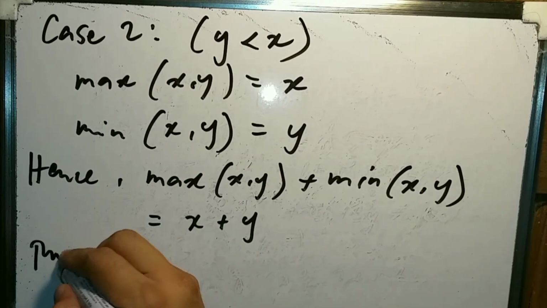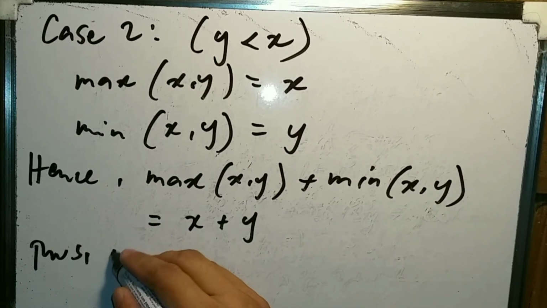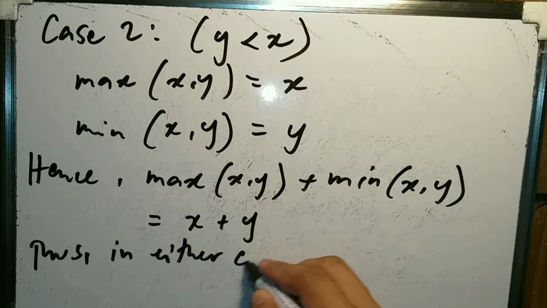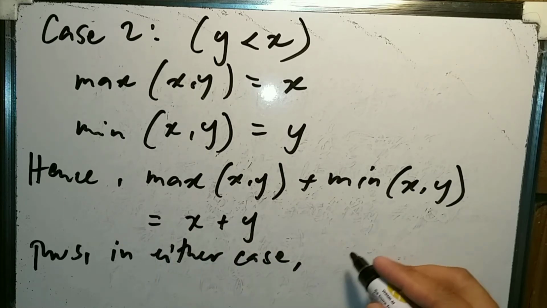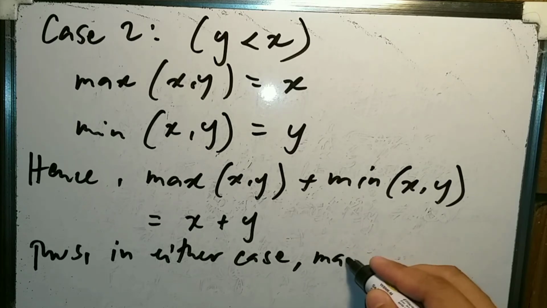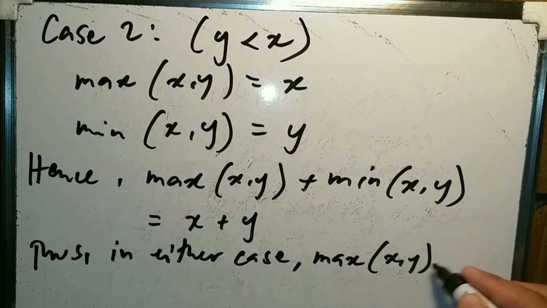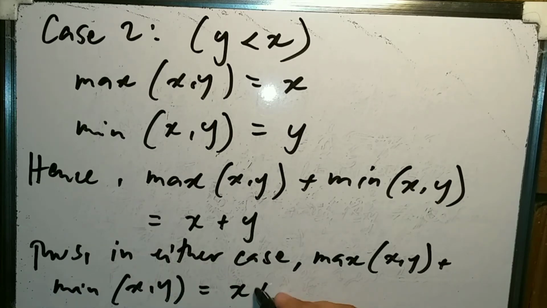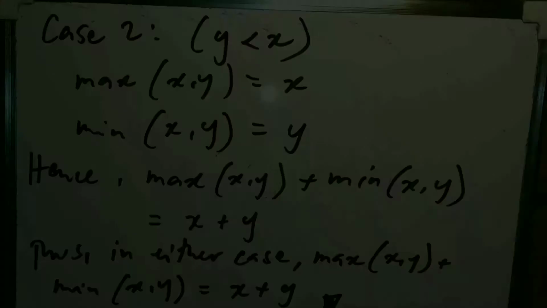So thus, in either case, the maximum of x and y plus the minimum of x and y is equal to x plus y. So end of the proof.